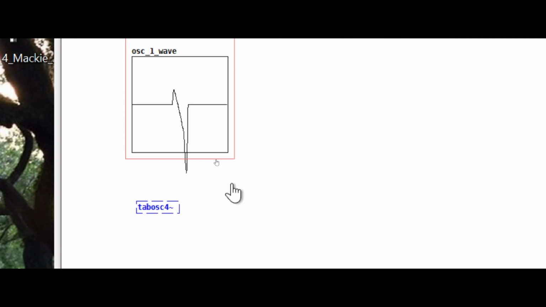There is an object tabosc~, but the tabosc4~ object works a little bit better. And then I'm going to put in the name of the table that it's going to oscillate. Basically, this is an object that oscillates tables and sends its signal out here.